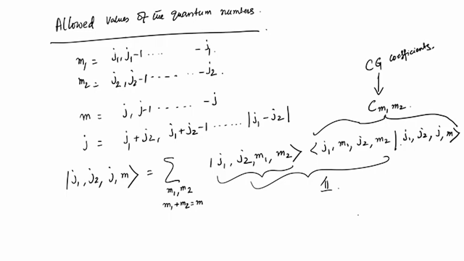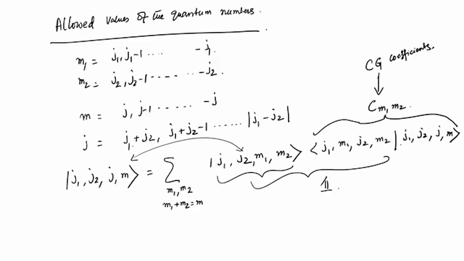So, you see that the left has one description and the right has this description. So, it is a connection between this description and this description, and the coefficient is what you need to find out, and these are called the Clebsch-Gordon coefficients. Okay, so let me draw a table which will probably be simpler for you to understand what we are trying to do.